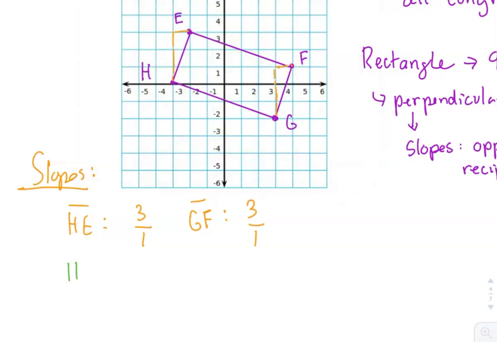We'll look at HG now. So I have a rise of negative, or actually, you know what, I'll break it down. Let's check and see. Negative 1 over 3, negative 1 over 3. Okay. And then EF, my slope is negative 1 over 3, negative 1 over 3. All right, so did we flip our sign, right?